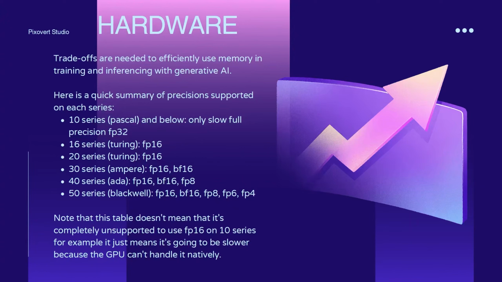Now, precision is an important factor, and if we could, we probably would work at FP32, but FP32 tends to be somewhat slower than lower precisions. And the trade-off there is that if you have very, very good precision, you often have very slow speeds. So sometimes we want lower precision and higher speeds.